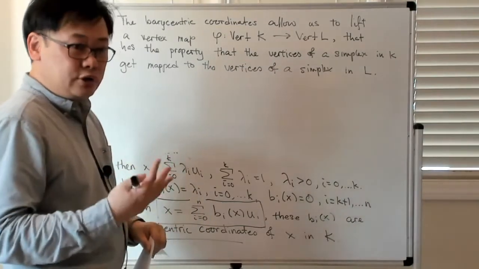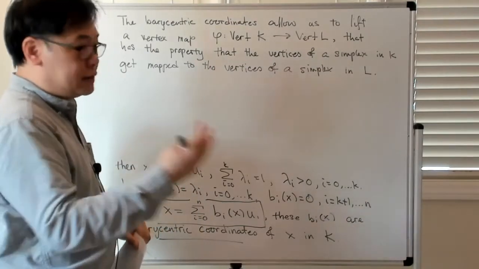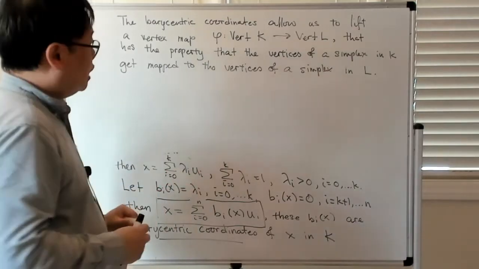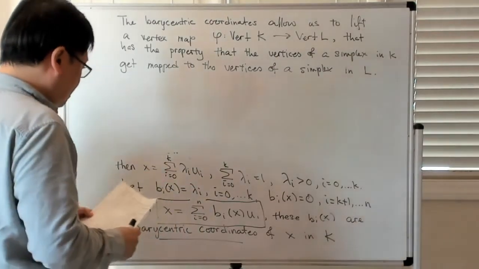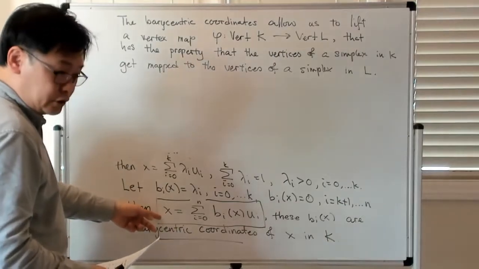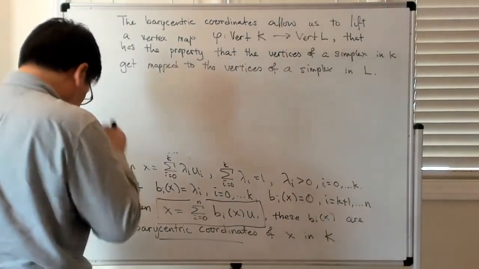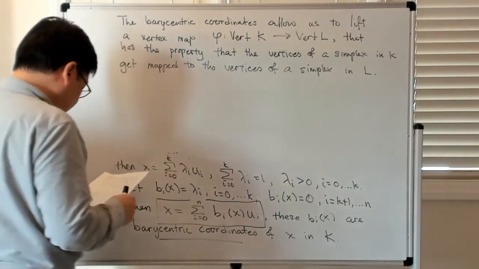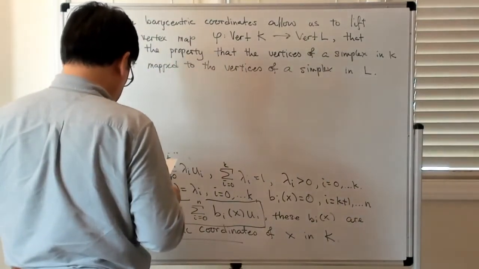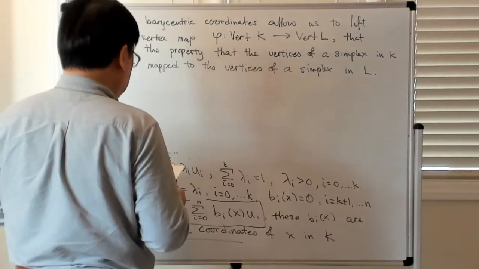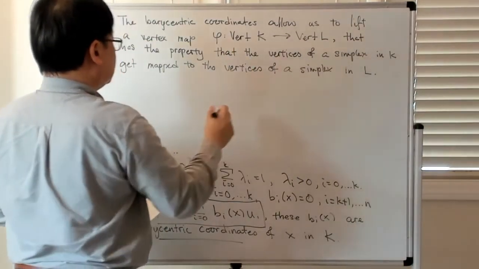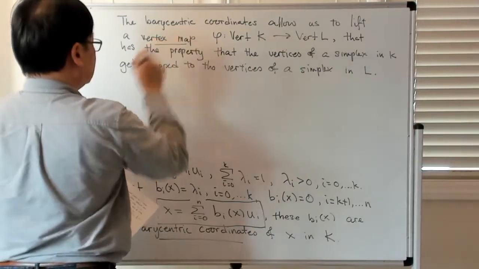So what of course you need to do then is extend this to the interior of the simplex, okay? And what you're going to do is use these barycentric coordinates to do the interpolation for you. So it lifts this vertex map.